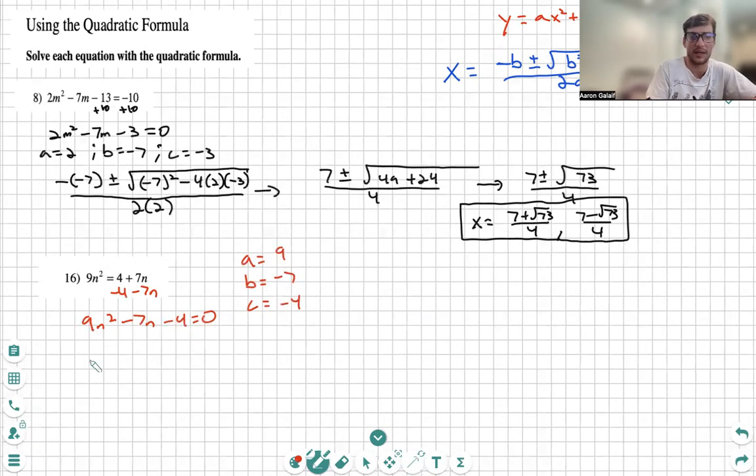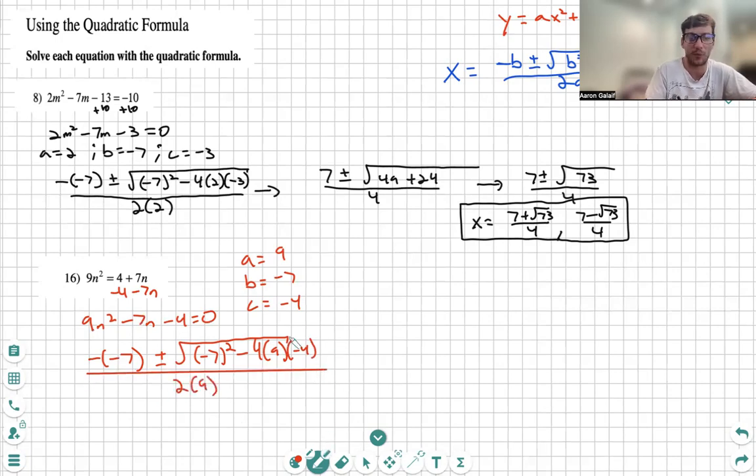And we rewrite negative b plus minus the square root of b squared, negative 7 squared, minus 4 times 9 times negative 4 all over 2 times 9. And we clean up.